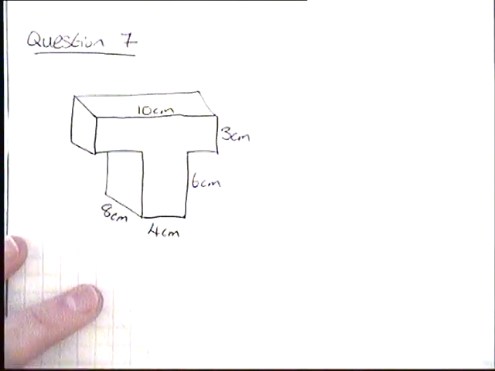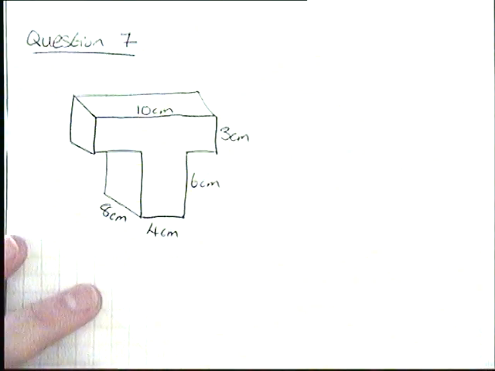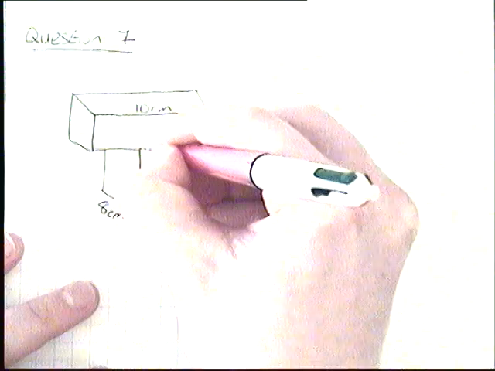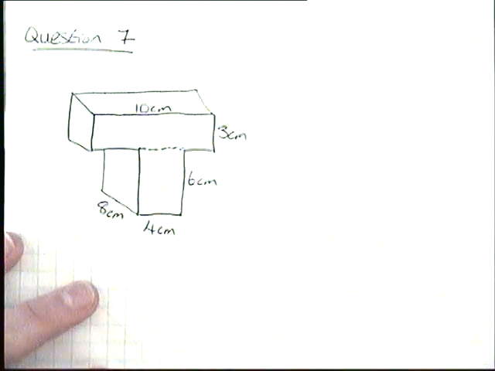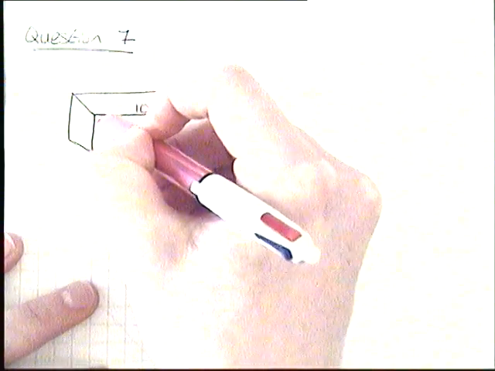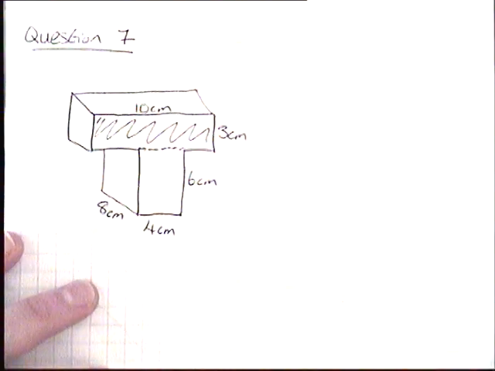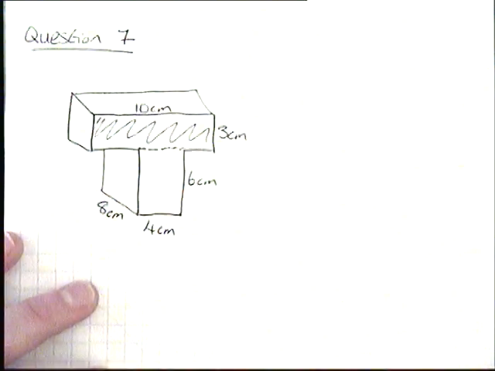Question 7. So our cross section is this T shape, which we're going to have to break up into rectangles. So I'm going to draw a little line across here to divide into our two rectangles. So we're going to start with our first rectangle here, this one on top. So we've got a length of 10 and a width of 3.